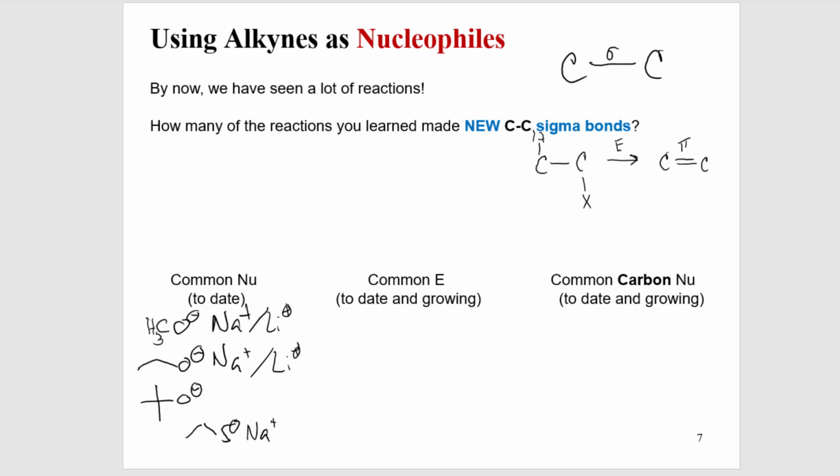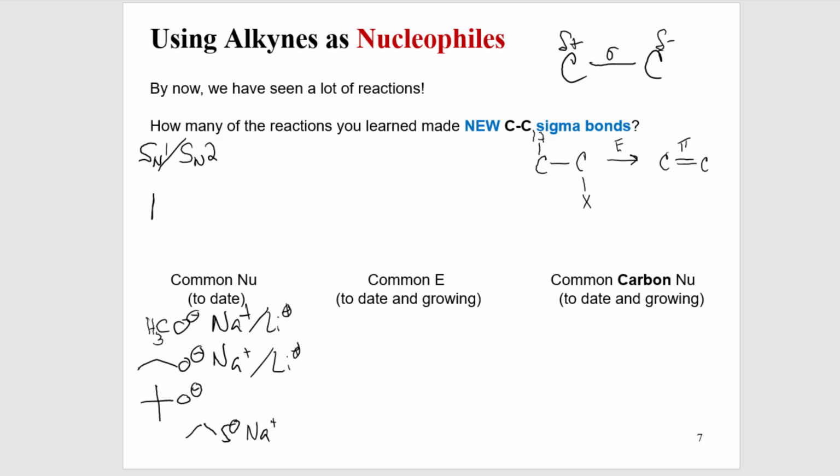So let's think about this. If I make a new carbon-carbon bond, one carbon has to be partially positive and one has to be partially negative. So I'm kind of failing on the partial negative carbon side, but there's good news. I'm not failing on the partial positive side. Let's think about SN1 and SN2.